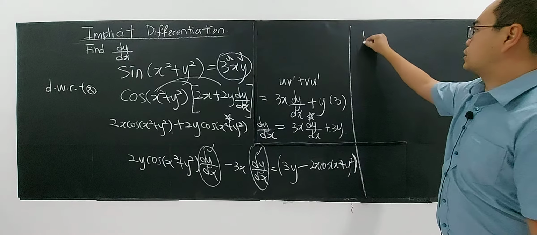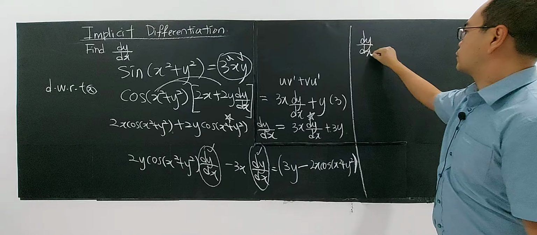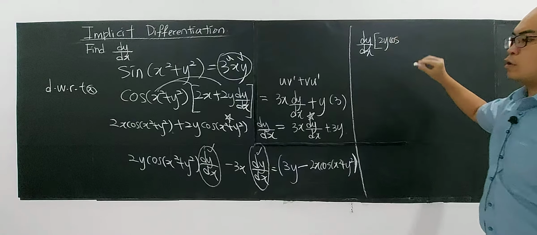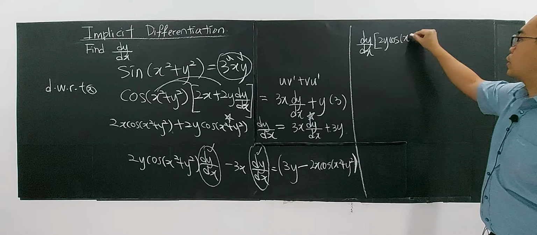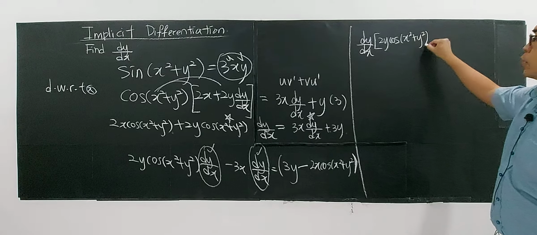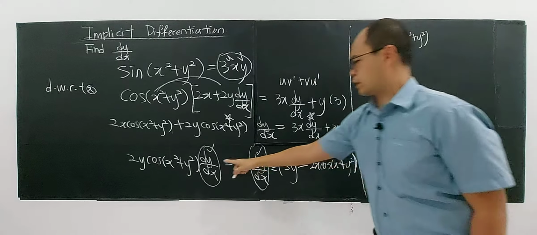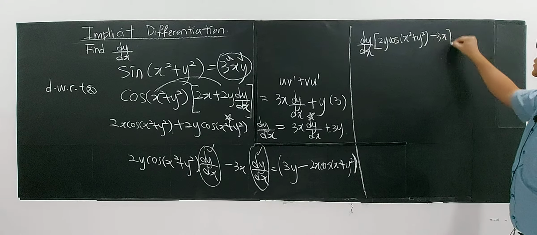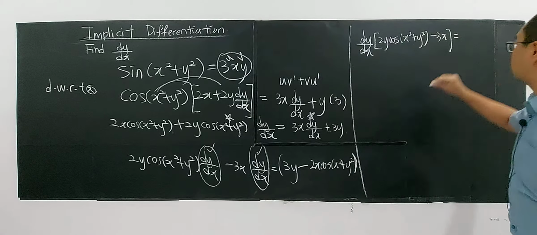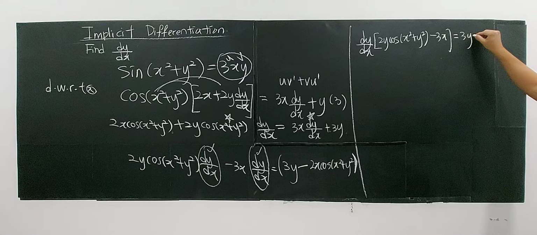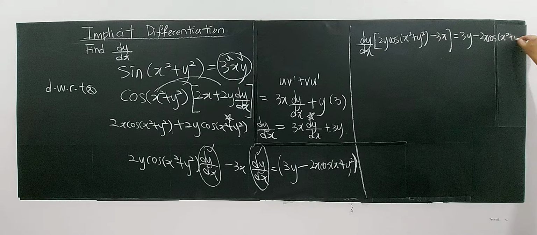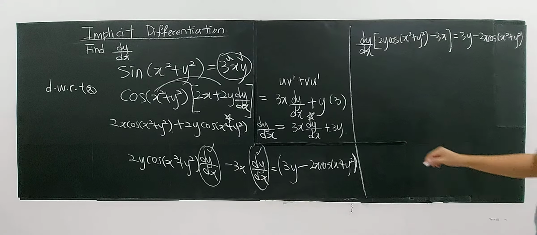You can factorize the dy/dx, and you still have 2y cos(x^2 + y^2). Taking out dy/dx, then you have minus 3x, equals to this side here, you have 3y minus 2x cos(x^2 + y^2), then complete.